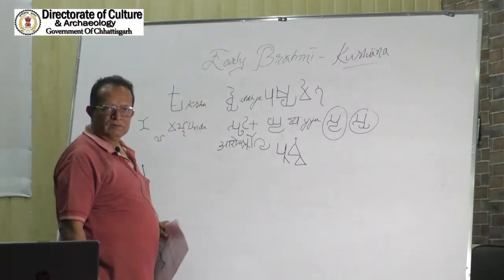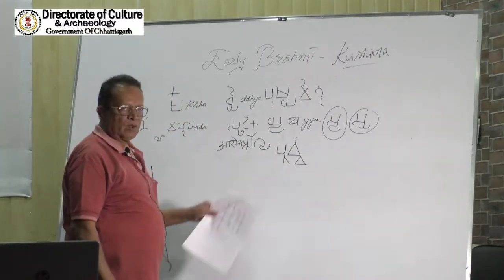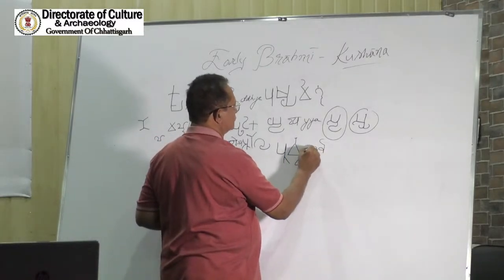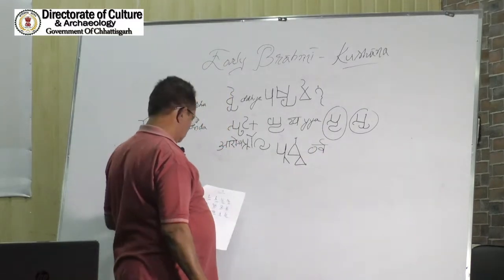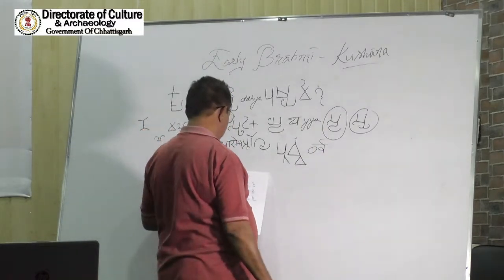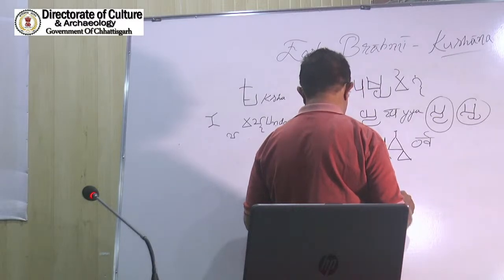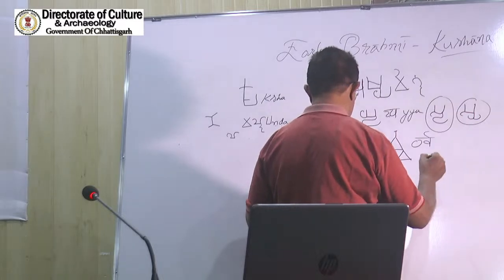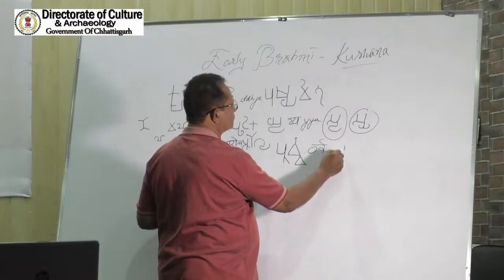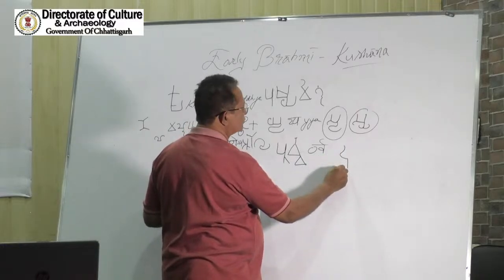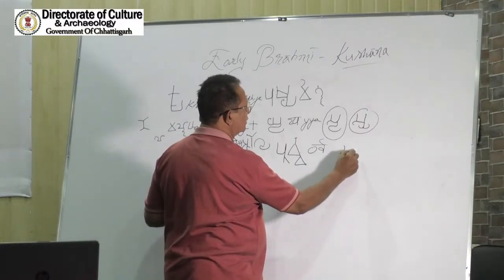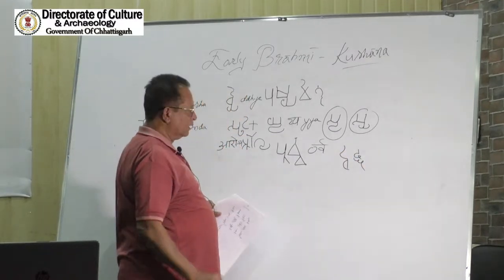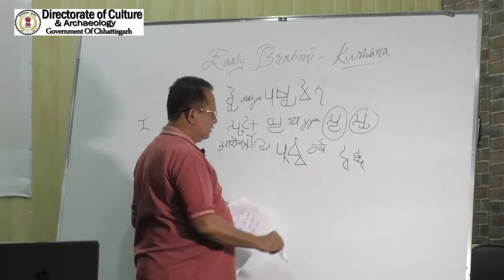Purva Disham, Purva, Rva. Da plus da. Baddha, we say, no? Buddha, dha. Da plus dha, dha.